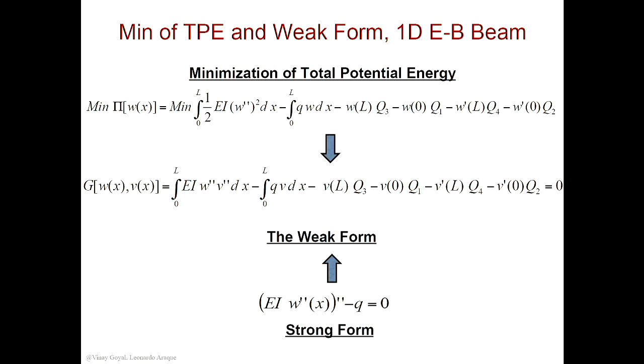But if I insert an approximate solution in here, and then minimize this function with respect to these unknown coefficients, what I'm really doing is approximating the solution to the PDE. They're all connected. Okay?